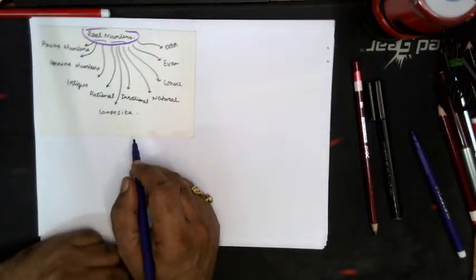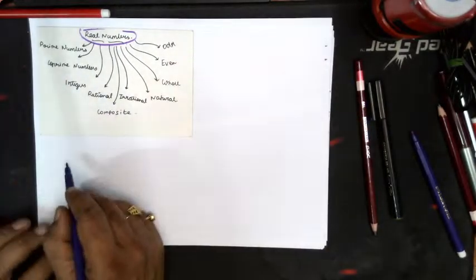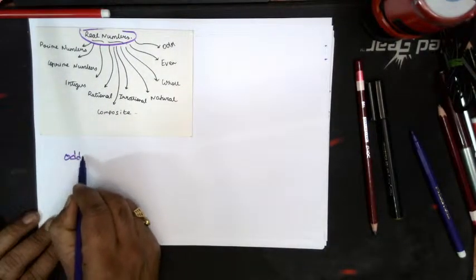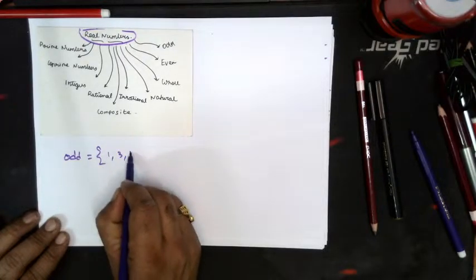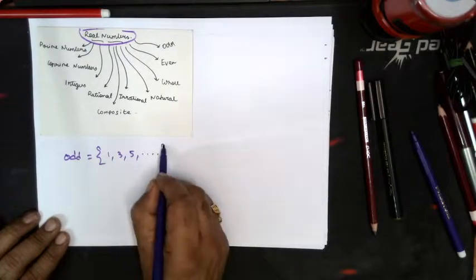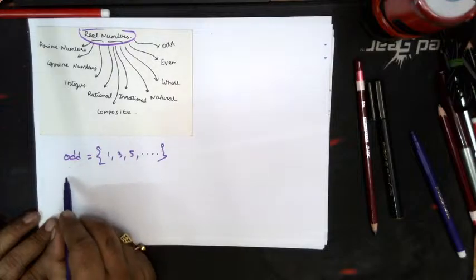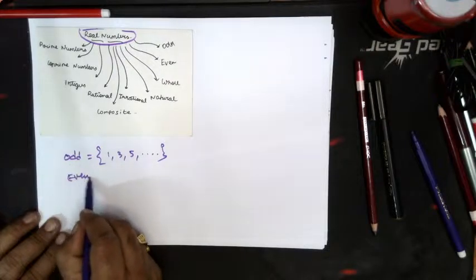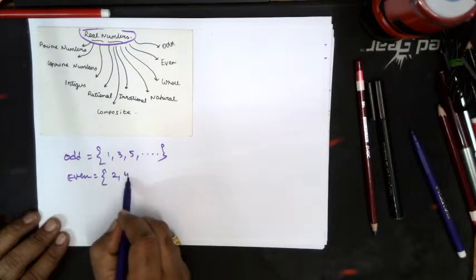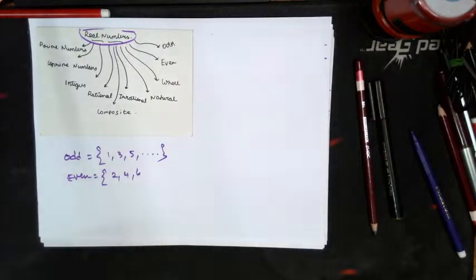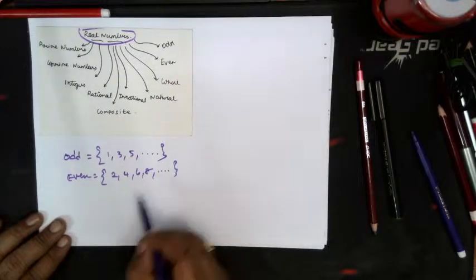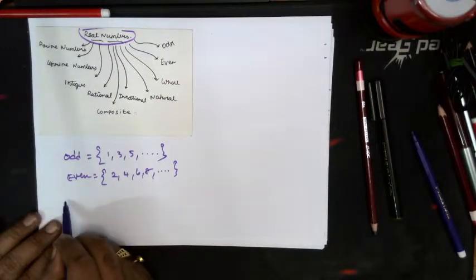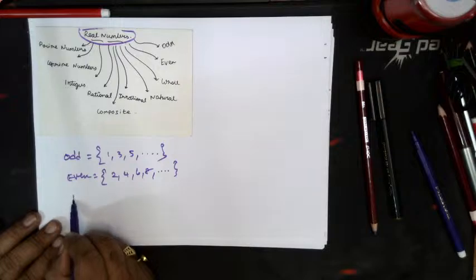So let us talk about the odd number. What about the odd number? 1, 3, 5, etc. These are all odd numbers. What about even numbers? That is 2, 4, 6, 8, etc. And whole number, or you can say natural number.